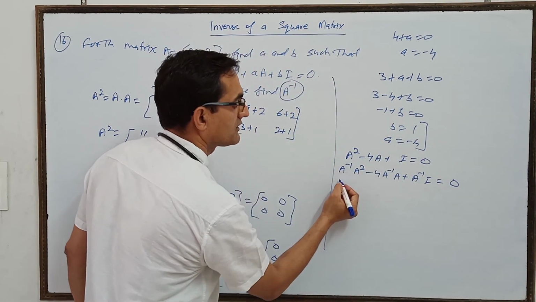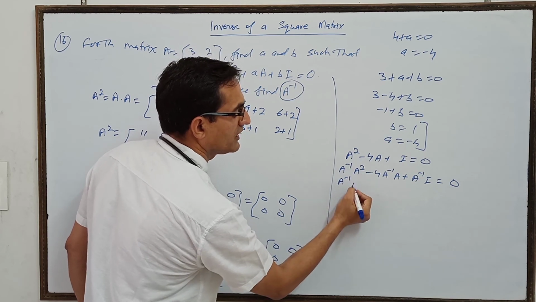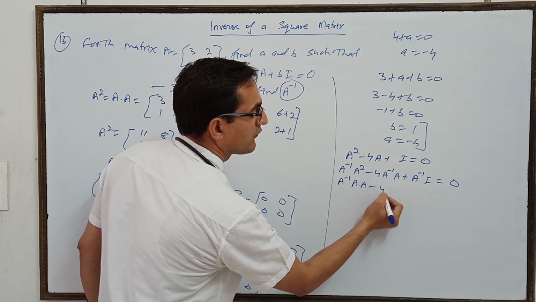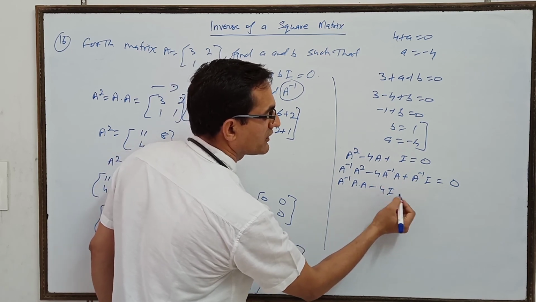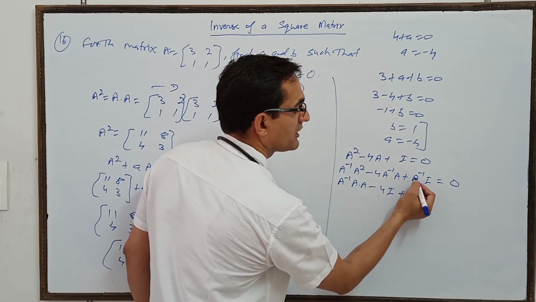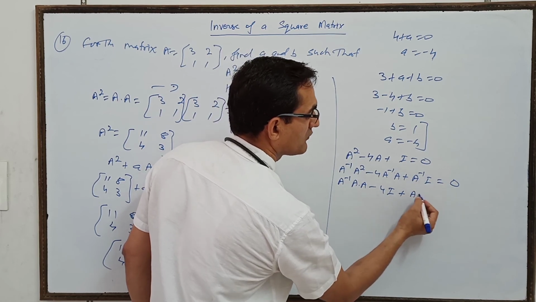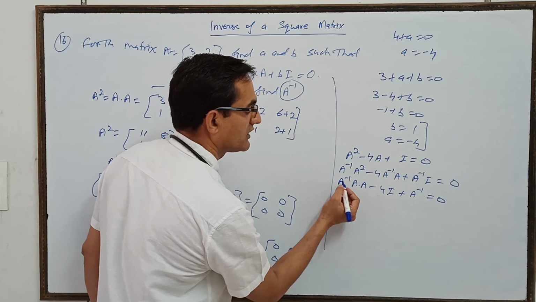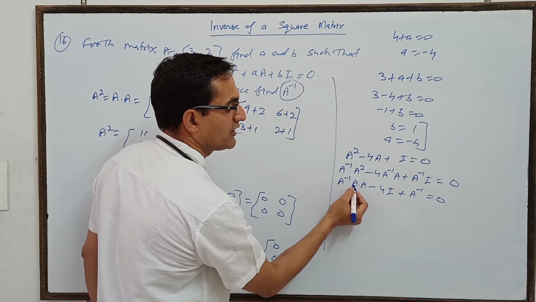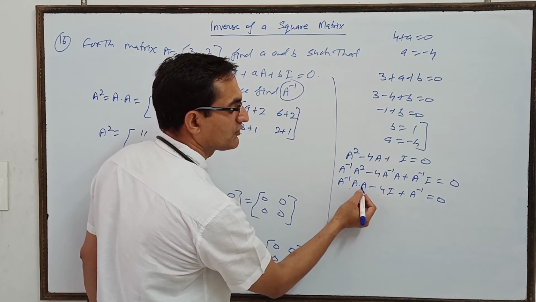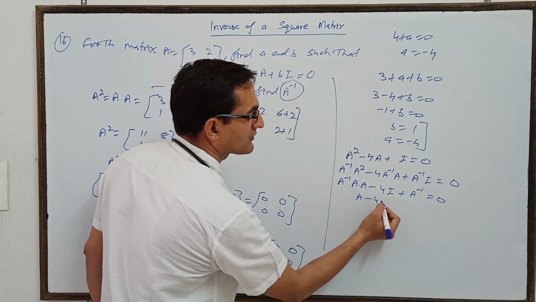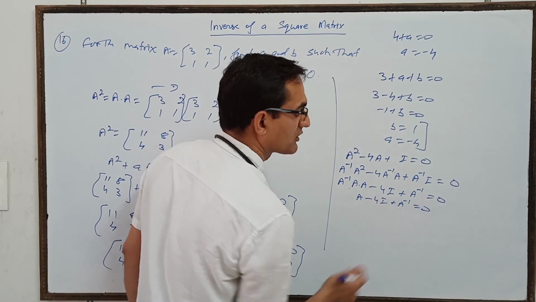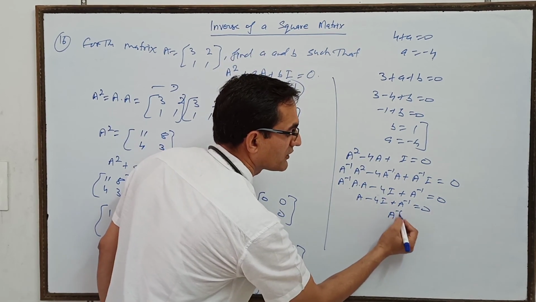So you can write inverse of A into A square as A into A, minus 4 into inverse of A into A identity matrix, plus inverse of A into identity matrix, inverse of A, this is equal to 0 matrix. We have to get the value of A. Now inverse of A into A is identity matrix, into A, this is A, minus 4 into identity matrix, plus inverse of A, this is equal to 0 matrix. We have to get the value of inverse of A.